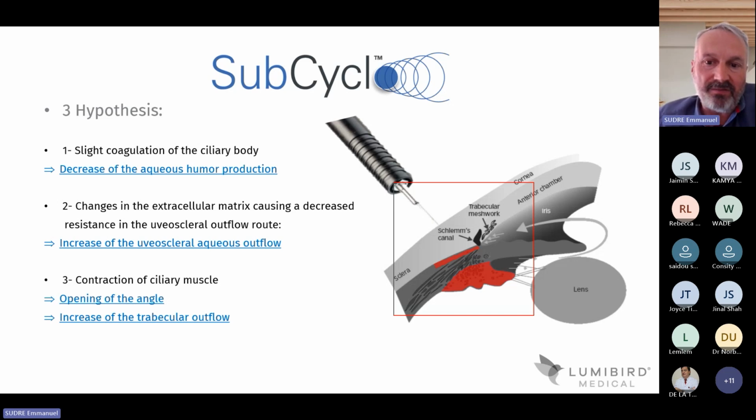And we have a third hypothesis: because of the laser effect, we have a contraction of the ciliary muscle. So there is probably also an angle opening, which facilitates the increase of the trabecular outflow.